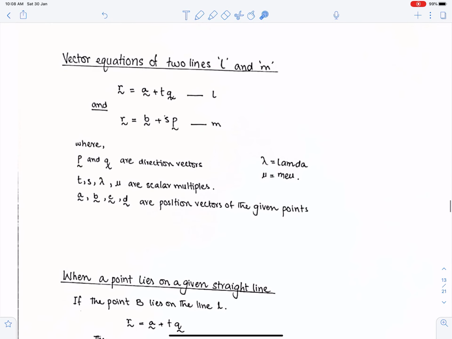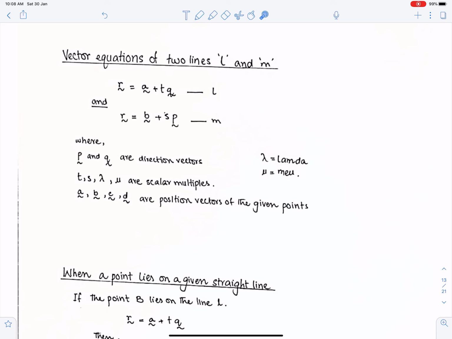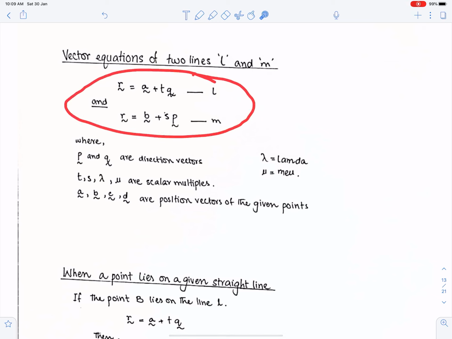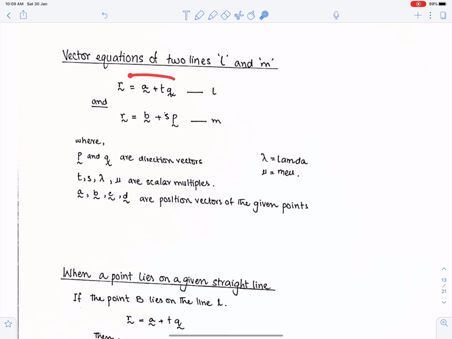Well, vector equations of two lines. For direction vectors, these are the vector equations of two lines L and M. I discussed these two equations after the discussion of these things. For direction vectors, we have two letters, P and Q. We can only use these two letters for the direction vectors.